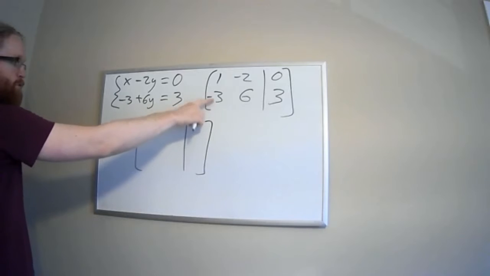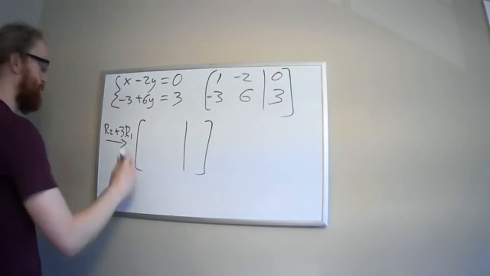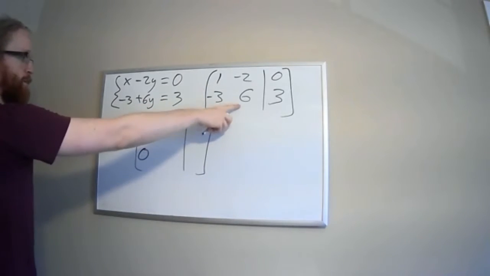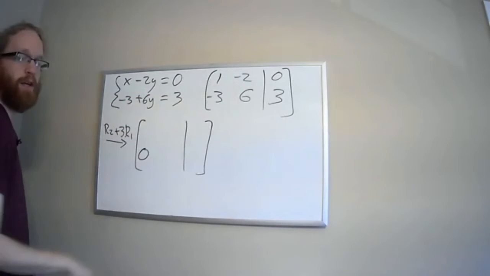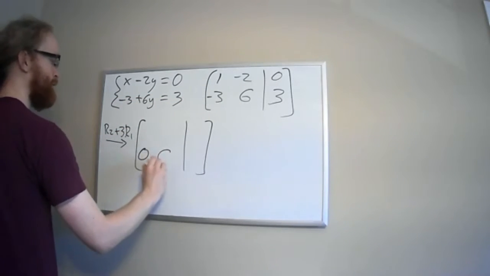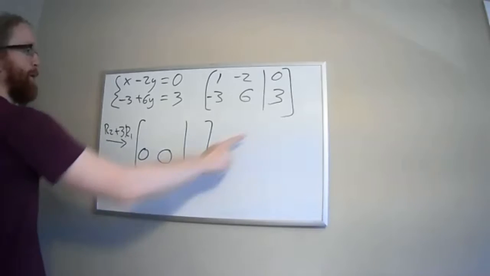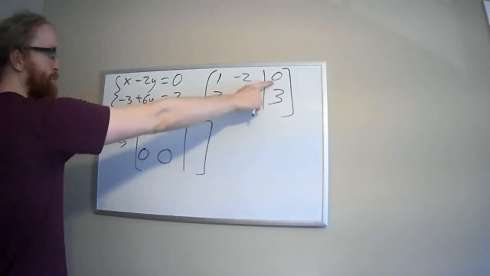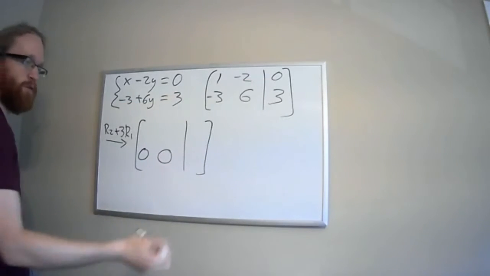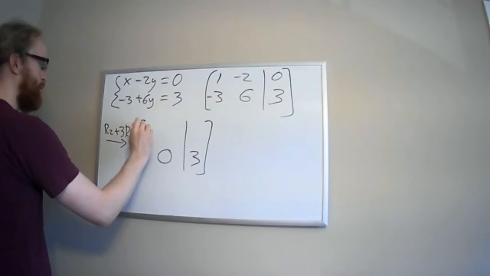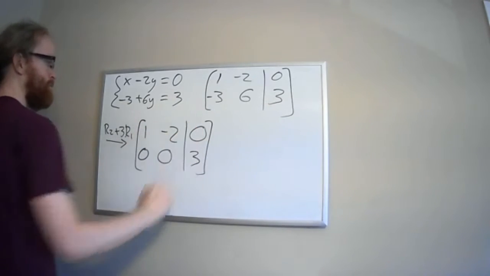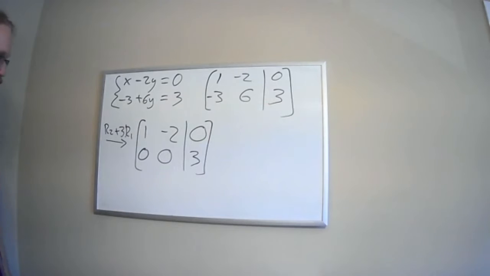Well, that's going to be -3 plus 1 times 3. That's -3 plus 3 is 0. I'm going to get 6 plus 3 times -2. That's 6 plus -6. That's 0. I'm going to have 3 plus 3 times 0. That's 3 plus 0. That's just 3. And then I don't change the first row. So here's my new matrix.